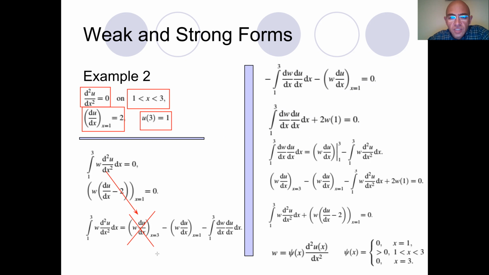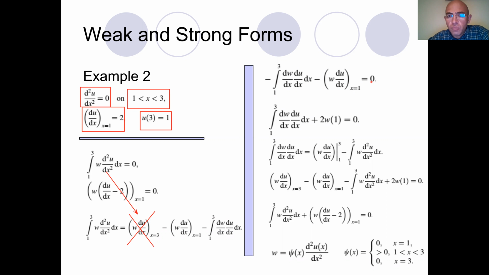Now we are left with this expression, and this is equal to 0, as you see here. So again, it is minus the integral from 1 to 3 of dw/dx du/dx dx minus w du/dx at x equal to 1, which has to be equal to 0.